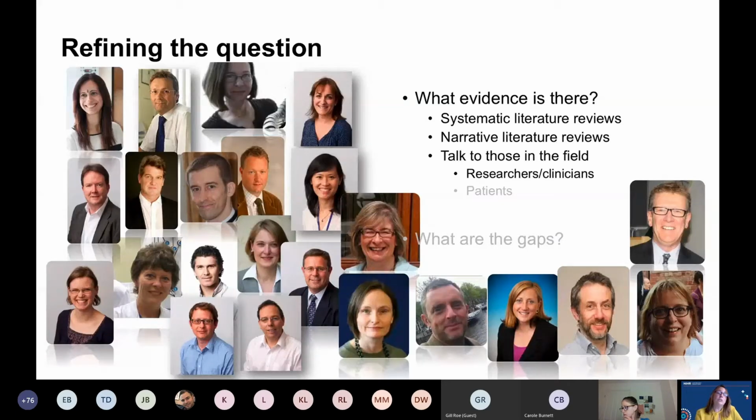The other key thing is to talk to those people in the field, and this slide just includes a lot of people that work with rheumatologists, biomechanists, radiologists, radiographers, mental health nurses, biomechanists, so various scientists, so a very wide range of people.